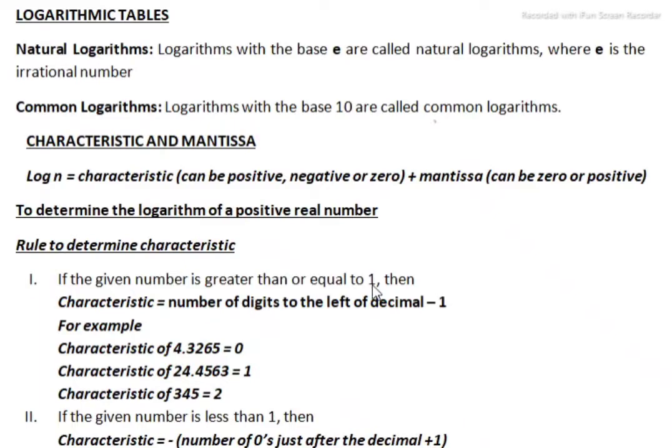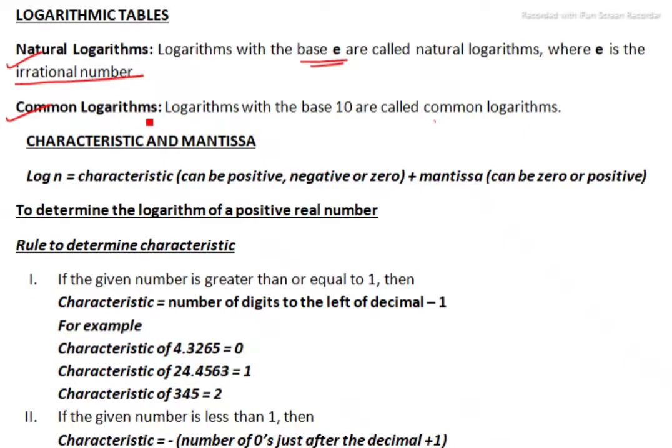In this class, we are going to study about logarithmic tables. So, first let us study about the types of tables. There are two types of logarithmic table. The first is natural logarithm and the other is common logarithm. Natural logarithms are the logarithms where the base is e, and e is an irrational number.